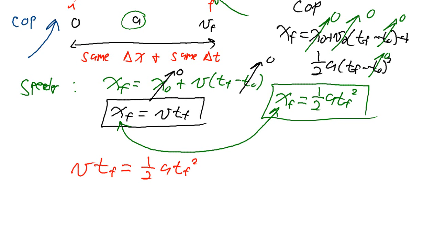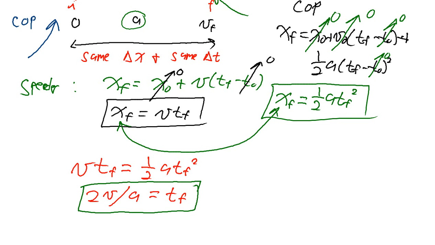And if I would solve this for t sub f, I would get 2 times v divided by a equals t sub f. So that's a nice relationship because it has the two quantities in it that we're allowed to keep in our answer, the velocity and acceleration, and we have the relationship for the time that it takes for this process to occur.